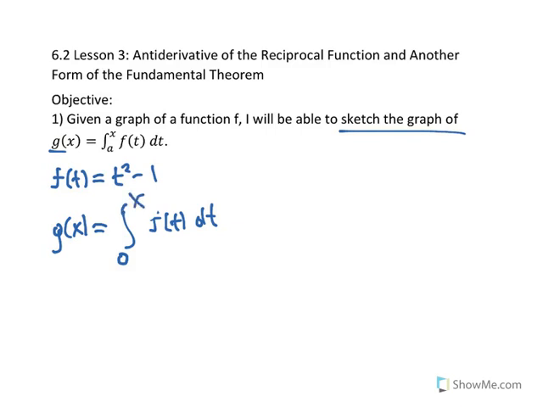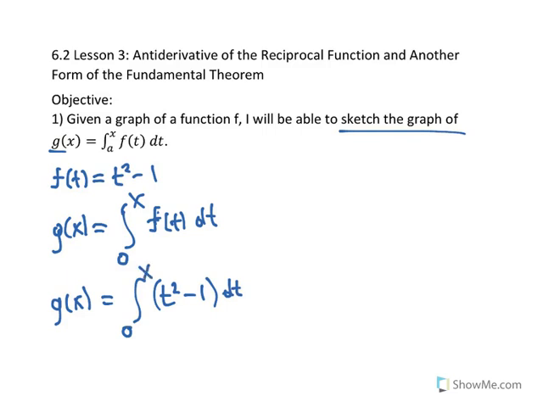And of course, since we know the rule for the function f, we may write the definite integral of t squared minus 1 with respect to t from t is equal to 0 to t is equal to x.